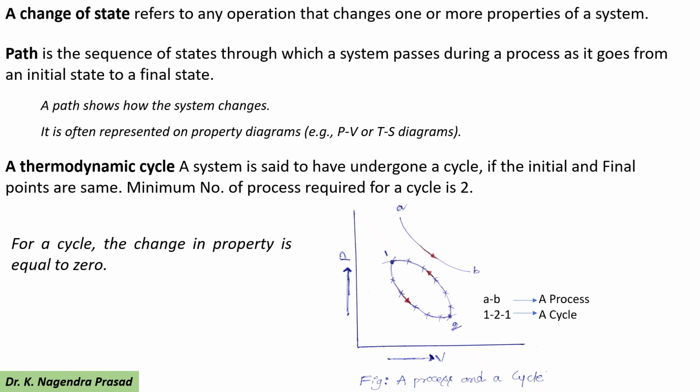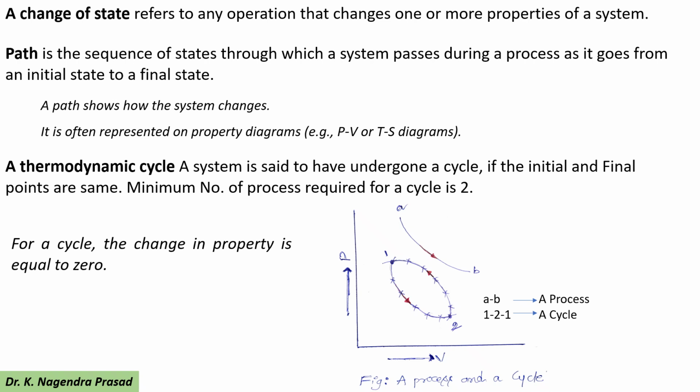A to B is the process, which means it is the path having the change of state from point A. The system has pressure P1 and volume V1. Let's consider at point B, the system has pressure P2 and volume V2.